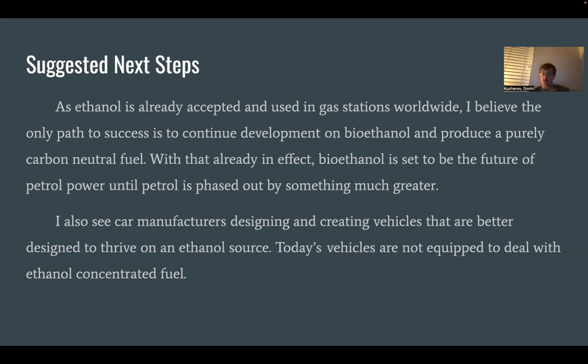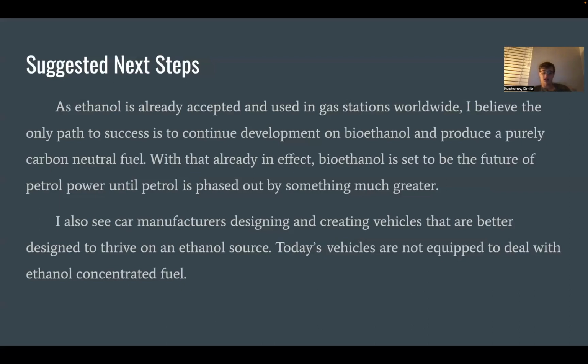Ethanol is not going anywhere until we quit using gasoline, fossil fuels for our vehicles, or until we completely switch to an ethanol mix. Ethanol's not going anywhere unless we somehow figure out how to do a nuclear, I don't know, a nuclear reactor in our vehicle. That'll be some future stuff.